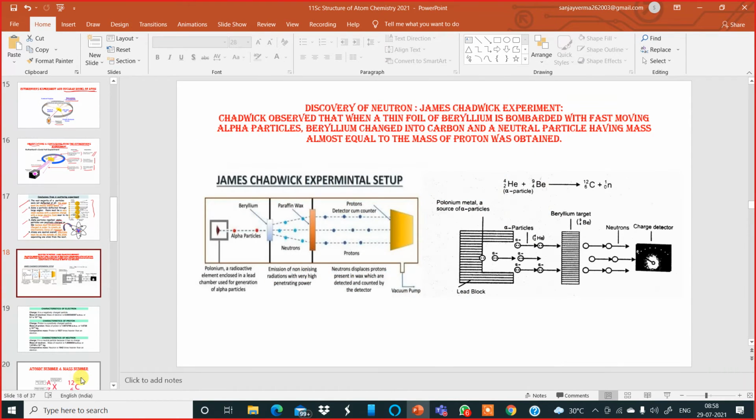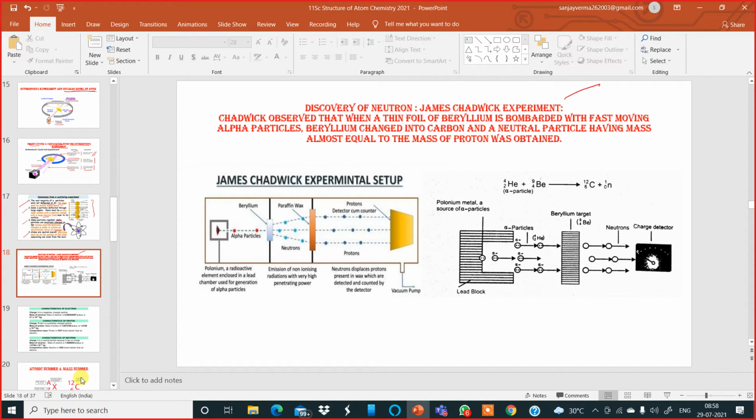Moving to the next slide, we have the discovery of neutrons after the discovery of the nuclear model of an atom. The discovery of the neutron was carried out by the successful work of James Chadwick.